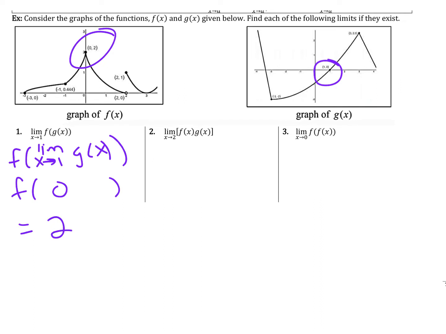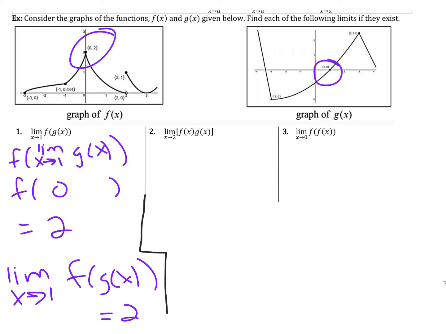So the limit as x approaches 1 of f of g of x is equal to 2.